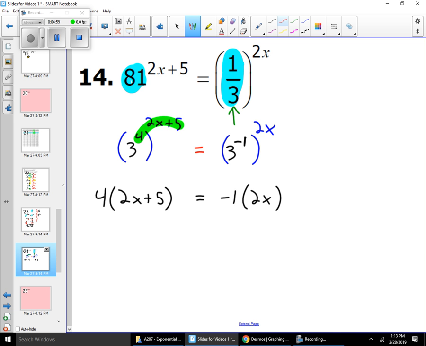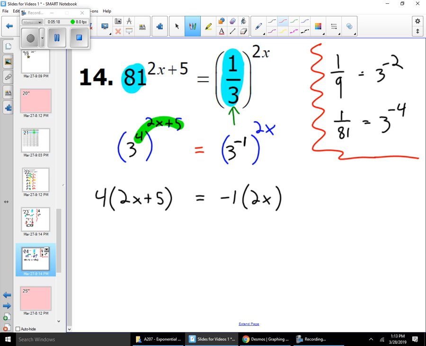In this case, we just substitute that for a 3 to the negative 1. Keep in mind, if that had been a 1/9, we could substitute 3 to the negative 2. If it had been a 1 over 81, for example, we could substitute 3 to the negative 4, and so on. Again, they didn't ask us to find those fractions, so we don't need those for this problem, but it's important to be comfortable with the idea.